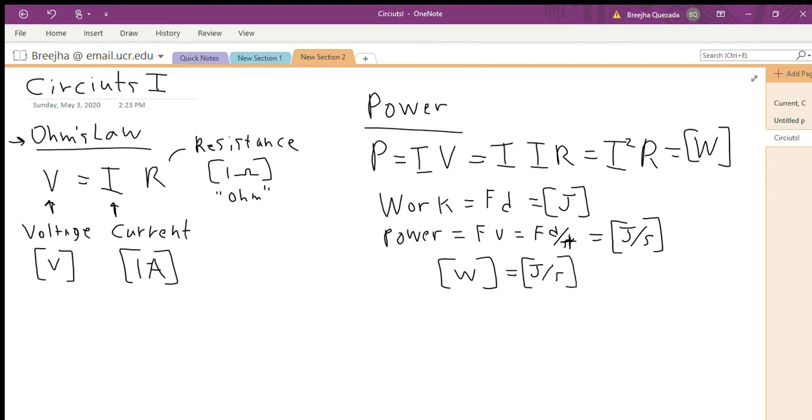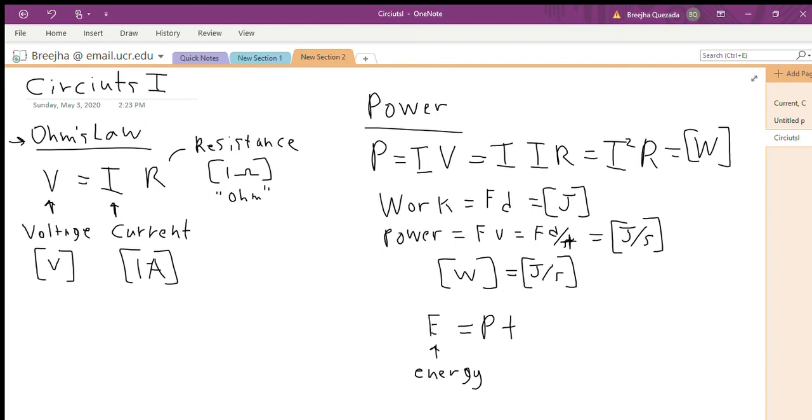And so that is why for circuitry problems, you'll usually see it in terms of E, and in this case, E stands for energy, not E field, is equal to the amount of power times the amount of time that is allowed to pass.